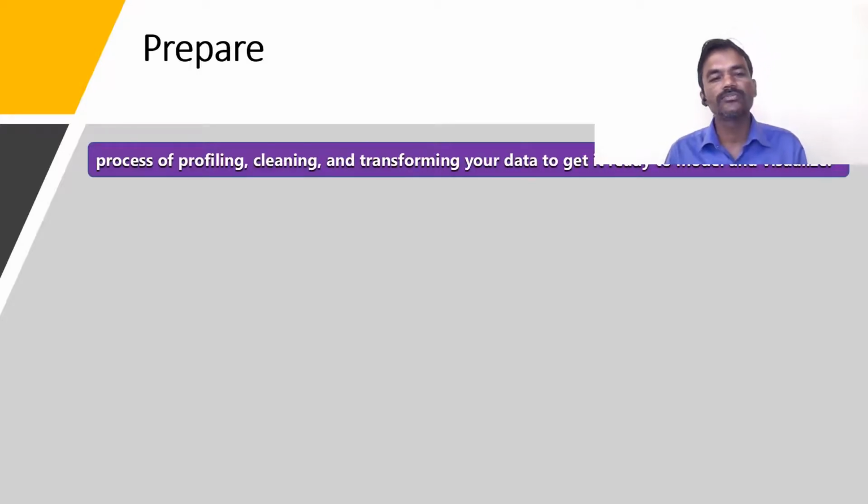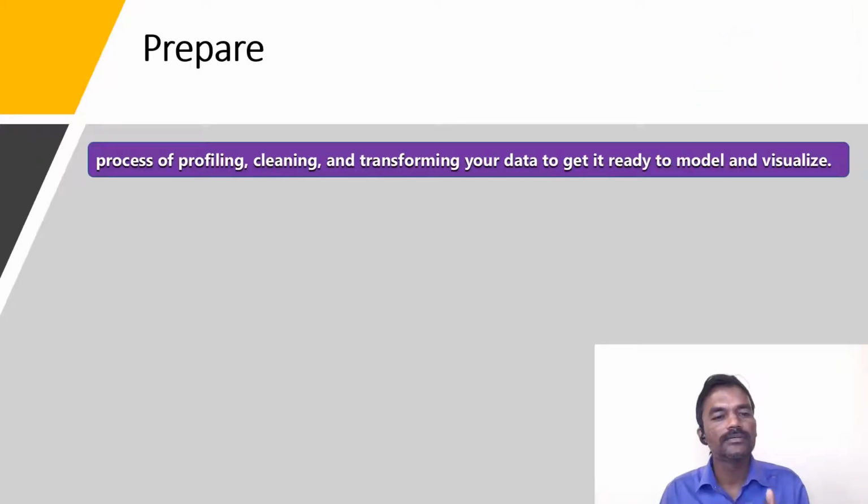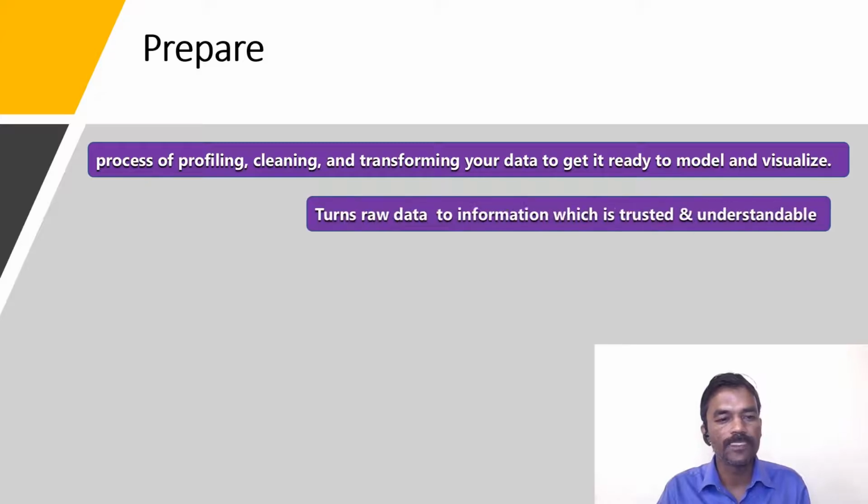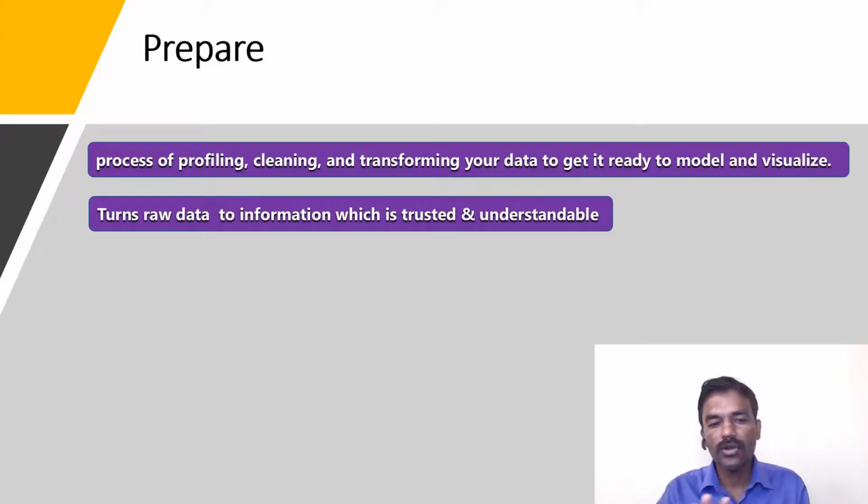In this process, the first thing is data profiling, cleaning, and transforming your data to get it ready to model and visualize. This is the first step where the data is all understood and processed. What cleaning is to be done for data quality is done in this step. Basically, it is turning the raw data into information which is trusted and understandable.